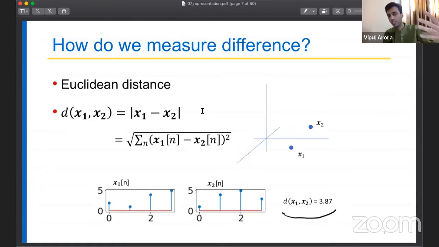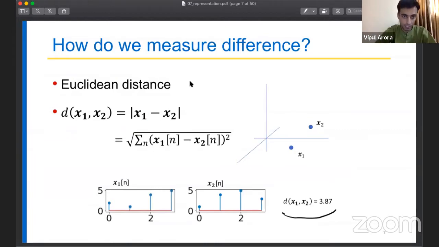Does it look like a chair or like a table? You will do a comparison. So you need a distance measure: is it closer to a chair or closer to a table? That's how you can think of classification or recognition as a space in which there are distances.